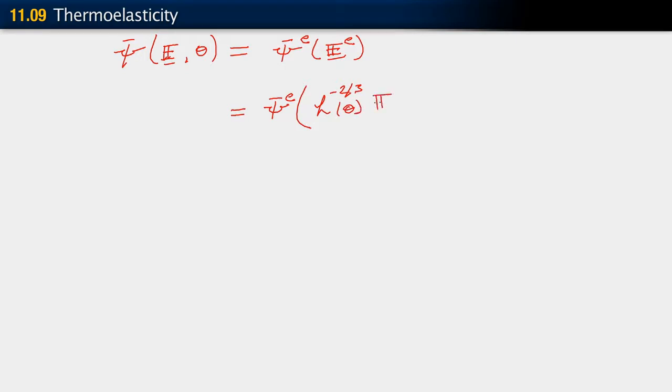The way we do that is to say that psi bar of E, theta can now be written as some other function, psi bar E, which depends only upon the elastic part of the Lagrange strain tensor: h to the minus 2/3, depending on theta, multiplied by the full Lagrange strain tensor, minus 1/2 h to the minus 2/3, depending upon theta, minus 1, times the isotropic tensor.